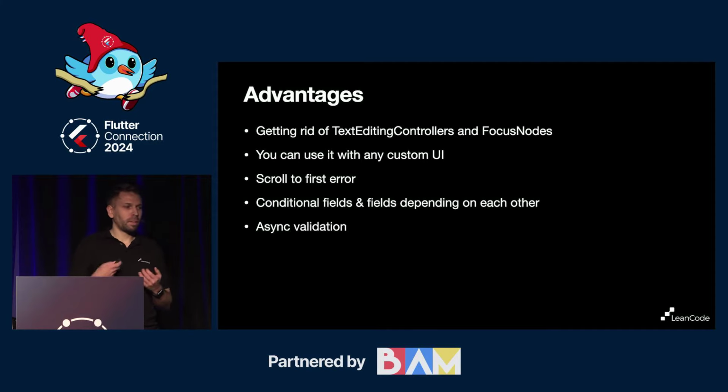We wanted it to be easily used with any custom UI, because many libraries are very nicely connected to the material widgets, but we typically don't use a lot of material widgets. We had requirements like scroll to first error, which is actually pretty hard to implement with available solutions. Also, we wanted good support for conditional fields and fields that depend on each other, so showing some fields if some other field is checked and stuff like that. And async validation, which is also quite tricky to do.